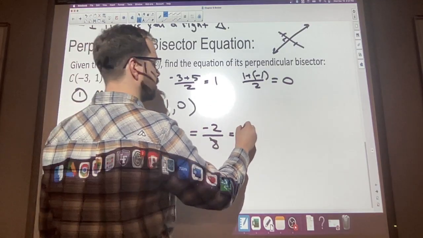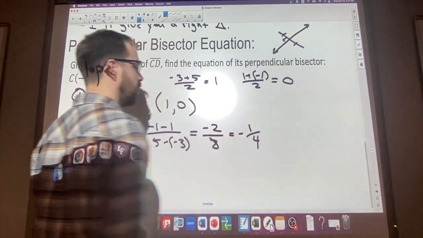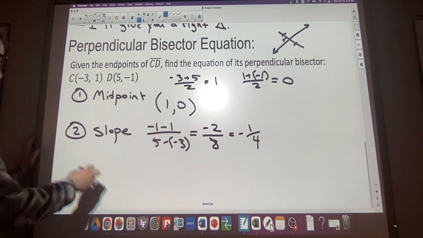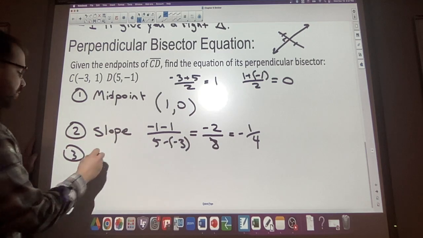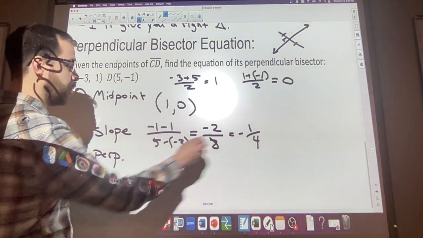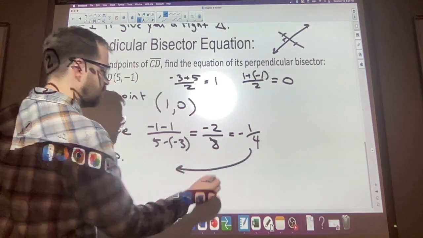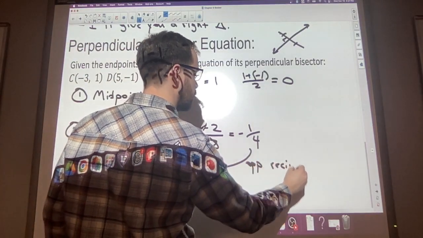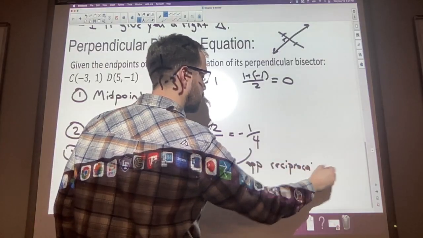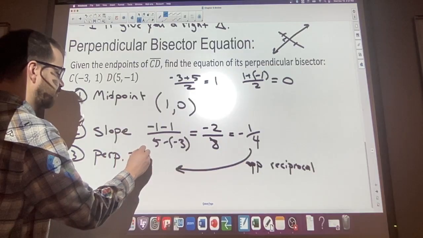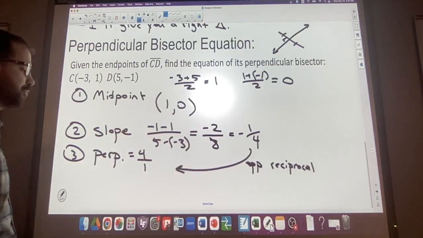We get -1/4. Now, in order to find our perpendicular, we're not going to use -1/4. We're going to do the perpendicular slope, which would be this, but the opposite reciprocal. So we flip it, change the sign, and we get our perpendicular slope is 4 over 1, or just 4.